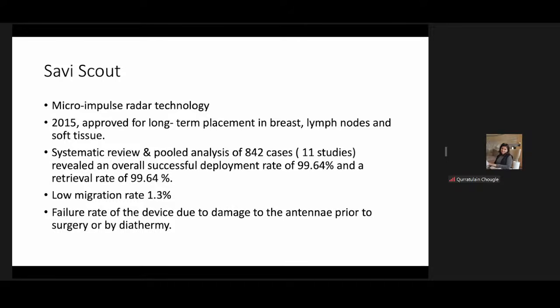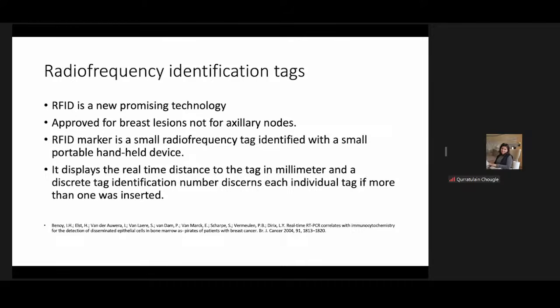I have had some exposure to using SAVI Scout, but what we find is that the antenna that the seed has can be damaged very easily, either before or during surgery. If it is exposed to too much diathermy, then it makes localization very, very difficult. So that's only from my experience.